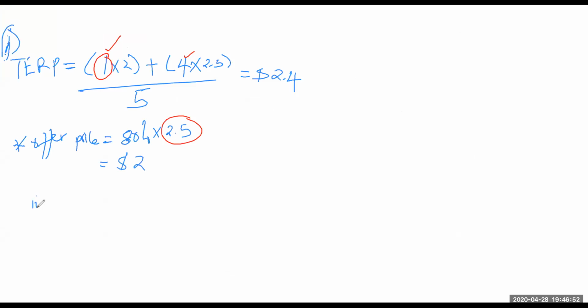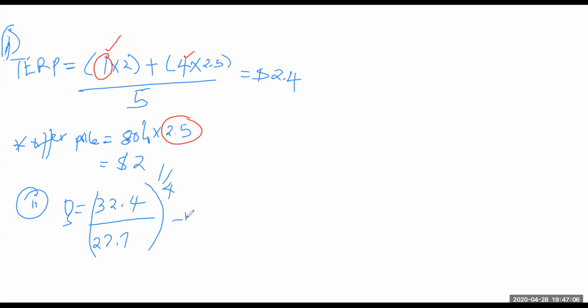Part 2 is to get the annual growth in the earnings. The most recent earnings for 207 was 2.4. For 203, it was 27.7. This growth has been experienced over 4 years. We take the fourth root, minus 1, to give the annual growth in the earnings of the company.